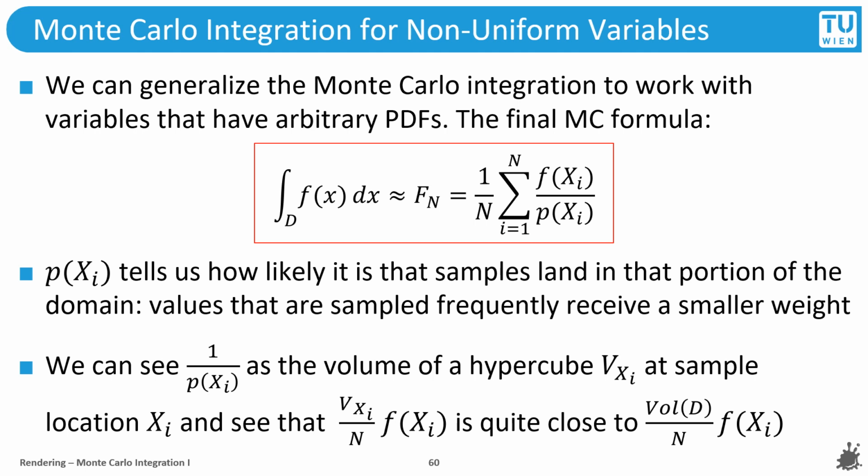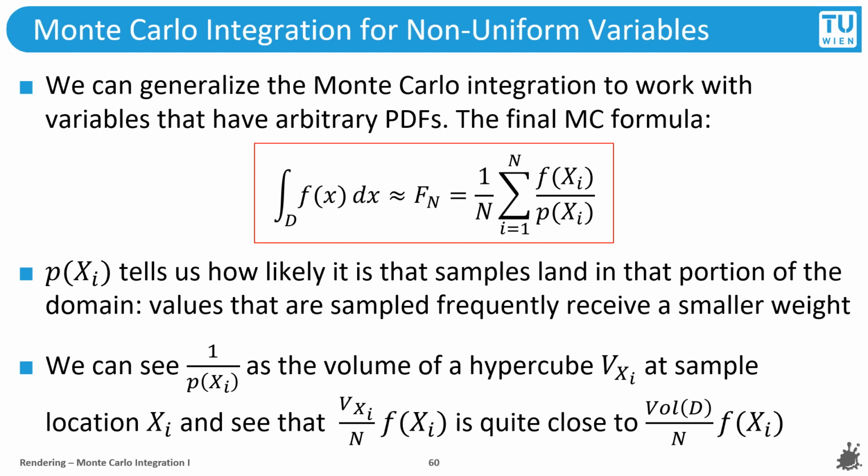Now remember that we can interpret the PDF in 2 different ways. For one, we can see it as a relative indicator for how likely it is that a specific sample location is picked. That means that if a particular portion of the curve is sampled frequently, the reciprocal of the PDF gives such samples a lower weight.